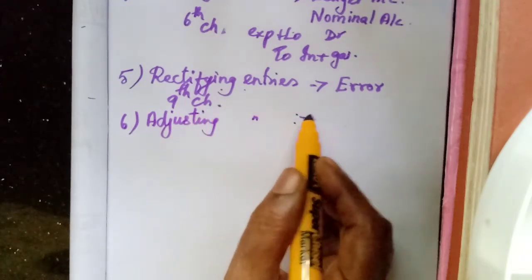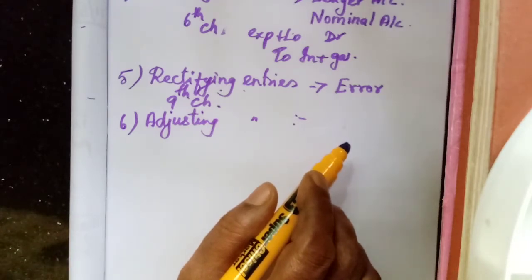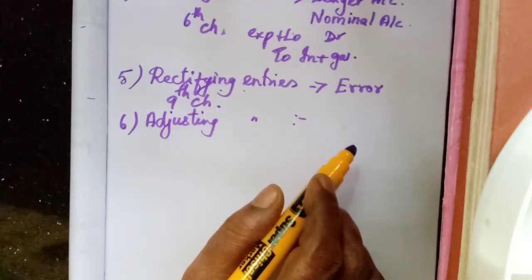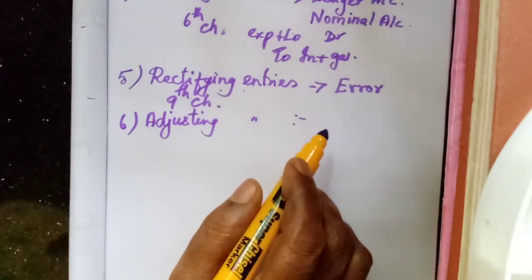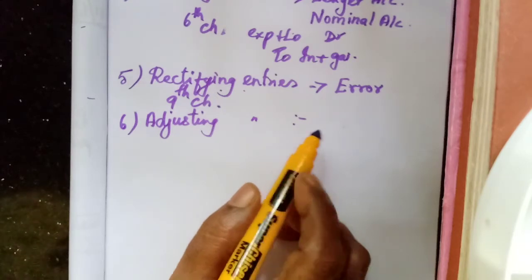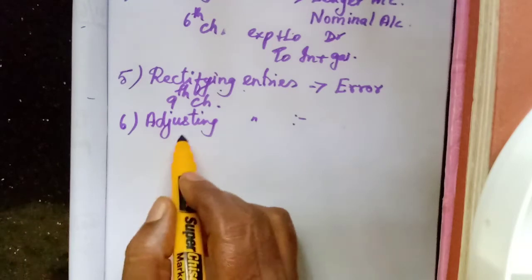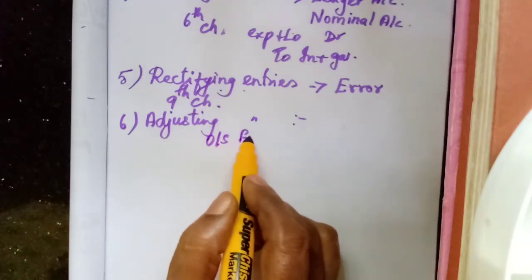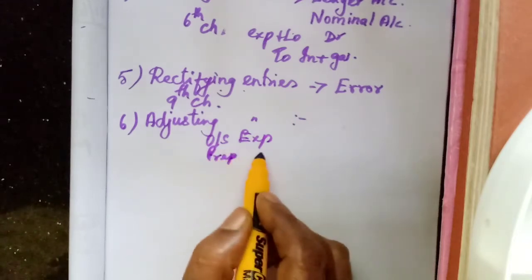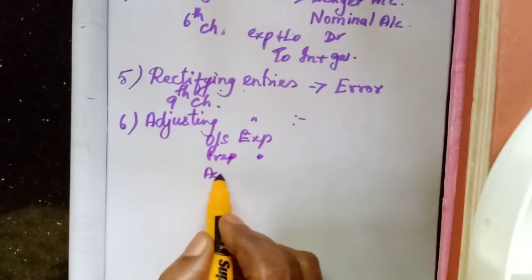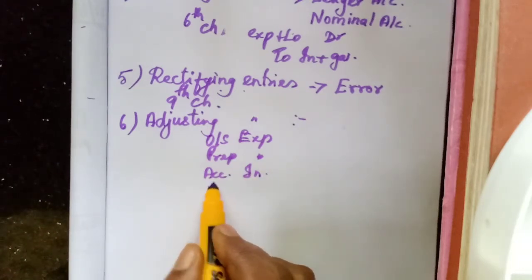This one also I have told you, the concept, the accrual concept. There all the outstanding expenses, then prepaid expenses, accrued income not yet received, then income received in advance.